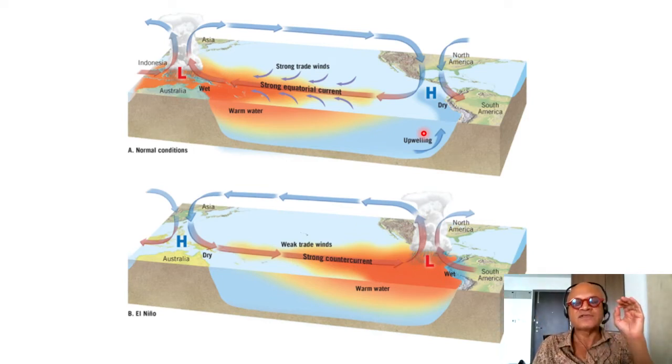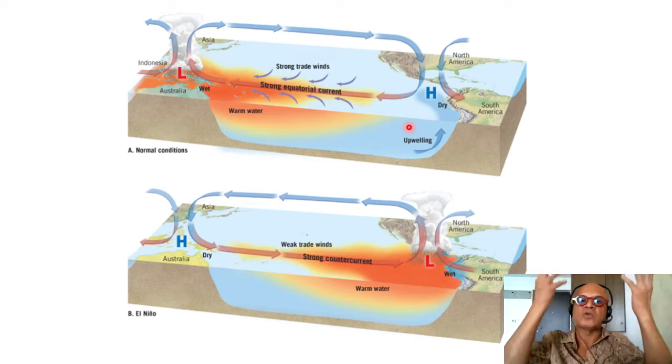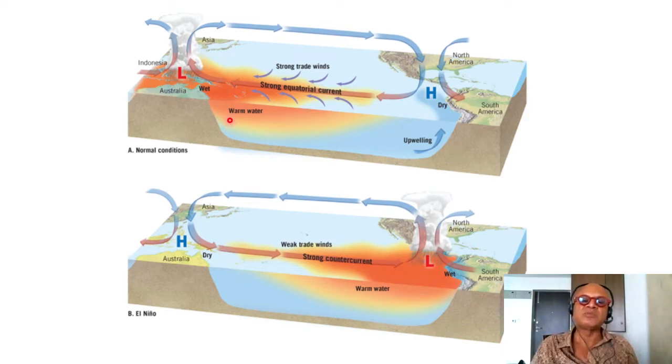So if you think of something like the 20-degree isotherm, its depth as the depth of the thermocline for simplification, which works very well in the low latitudes, then you will see that the depth of the 20-degree isotherm would be much shallower here where the cold waters are coming up, and much deeper here where the warm waters are piling up.